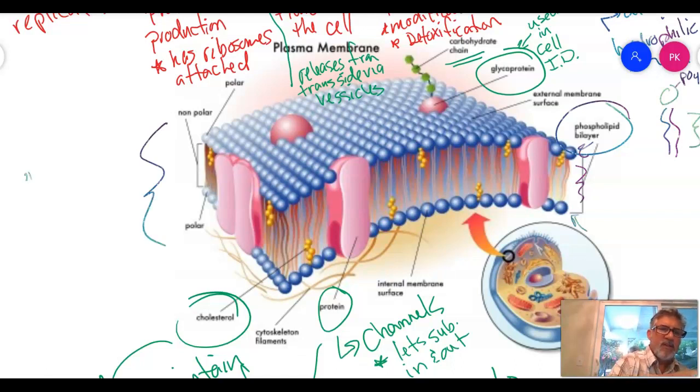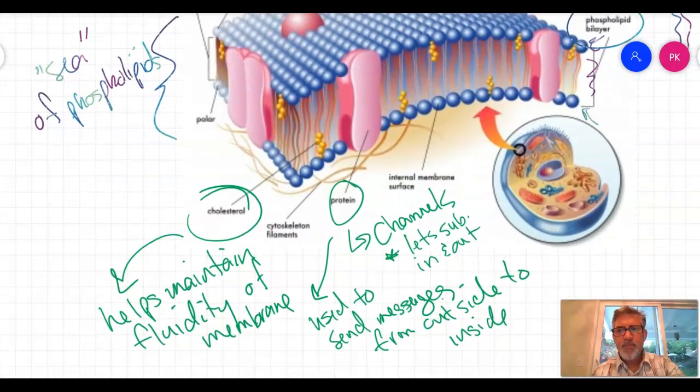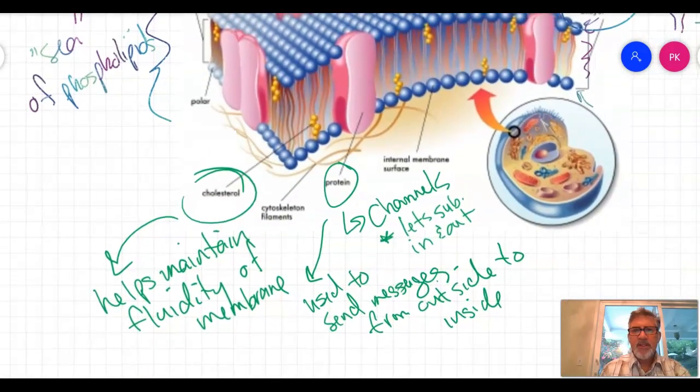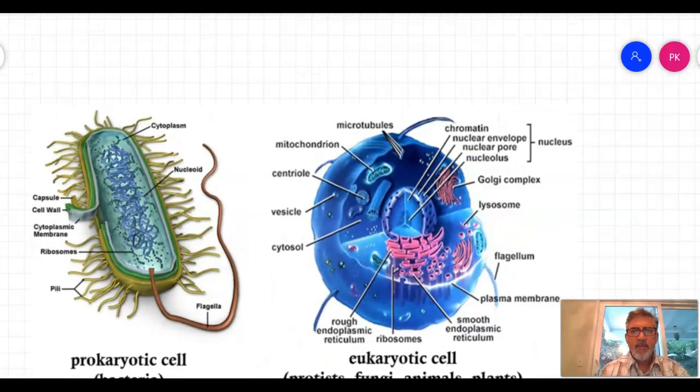This is a sea. It's a sea of phospholipids. So it's fluid. It's always moving. It's called the fluid mosaic model. But it's held together because the insides are repelled by water. So it's kind of pushed together.